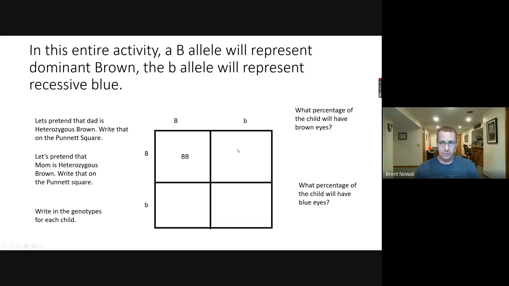Heterozygous brown. So capital B, lowercase b, they would be heterozygous brown. This child over here, capital B, lowercase b again, should be heterozygous brown. And this child right here would be lowercase b, lowercase b, and I would call this child homozygous blue.